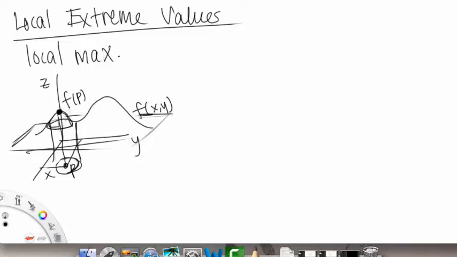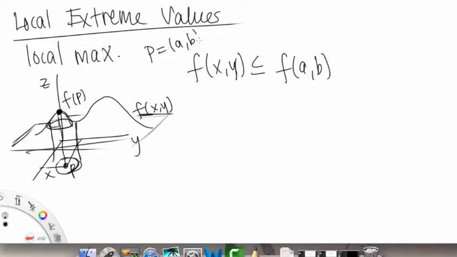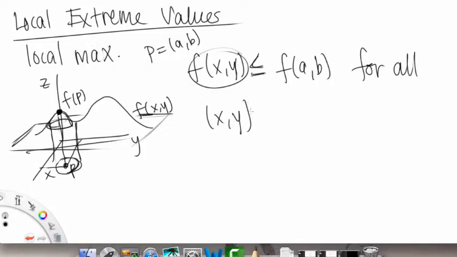So this is a local maximum because, more formally, all of the f of xy, the height, is less than or equal to f of ab, with ab being our point p, for all xy coordinates on the xy plane within the disk of center P and radius R. The radius is something very small.